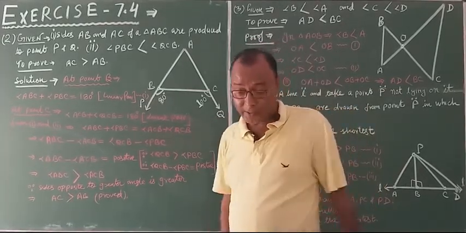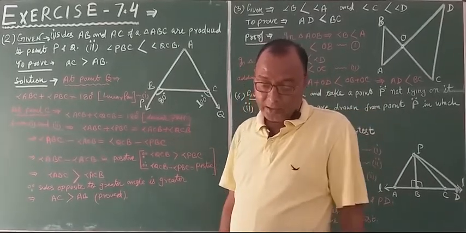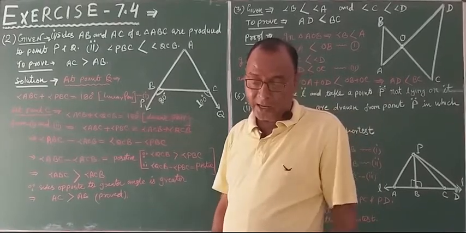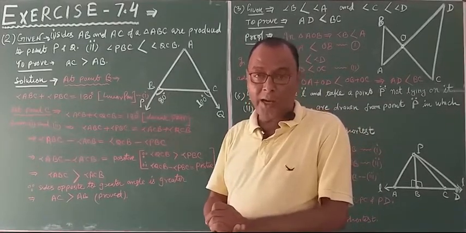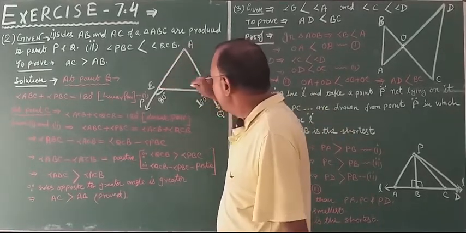The question is this: in a triangle ABC, the sides AB and AC are extended to points P and Q respectively. This is the triangle ABC.